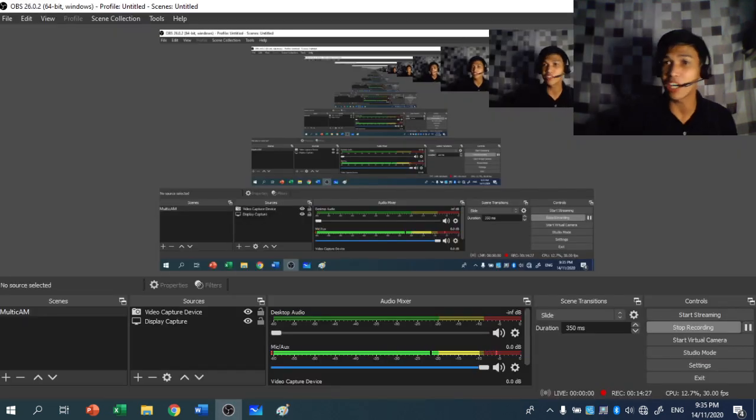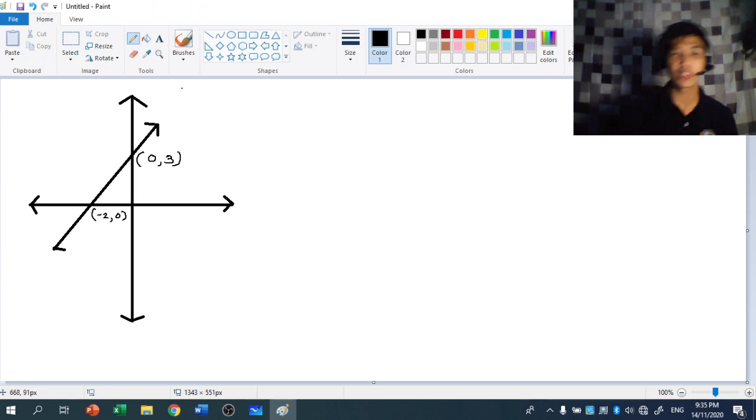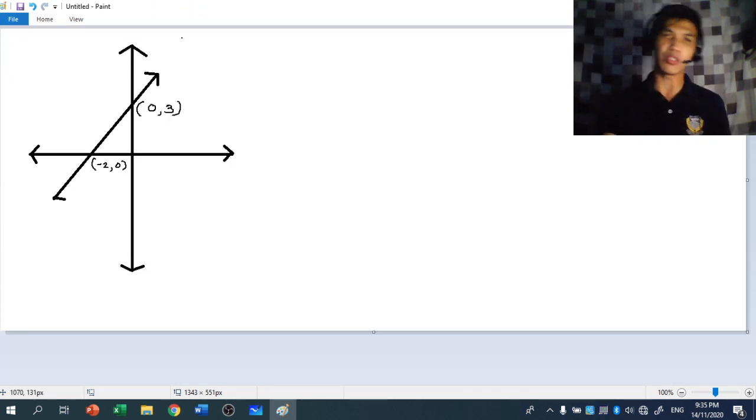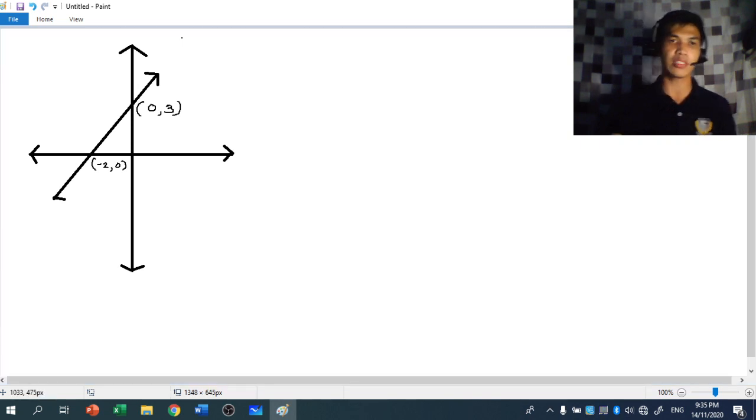Okay, so for our last scenario, let's have this figure. Yan. So may figure po ako dito sa aking paint. So as you can see here, we have a rectangular coordinate system na may line.